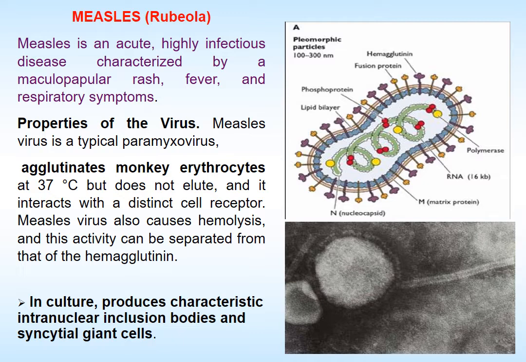Measles virus also causes hemolysis, and this activity can be separated from that of the hemagglutinin. In culture, it produces characteristic intracellular inclusion bodies and syncytial giant cells.